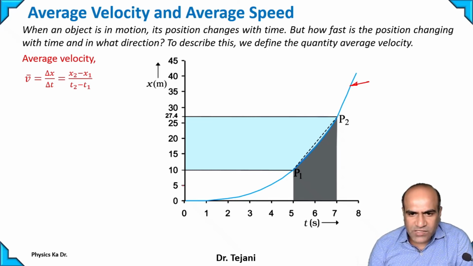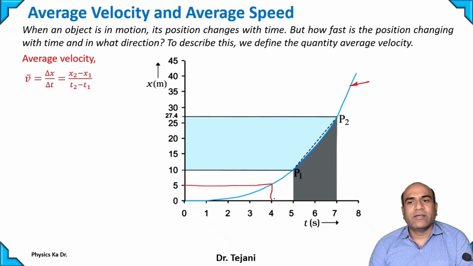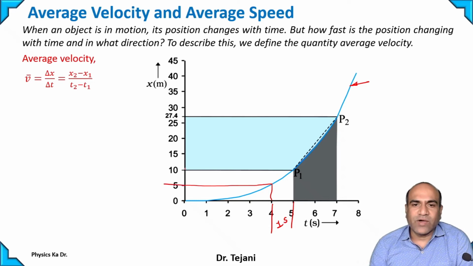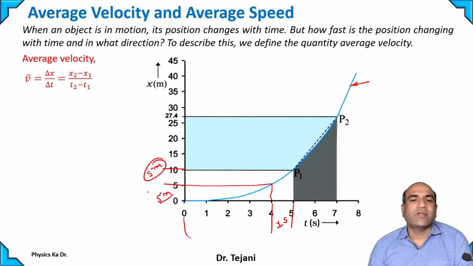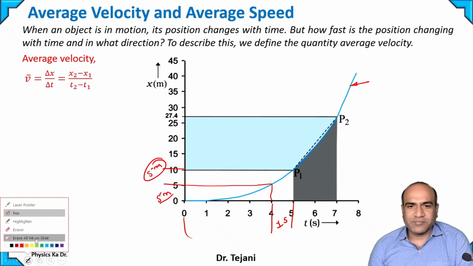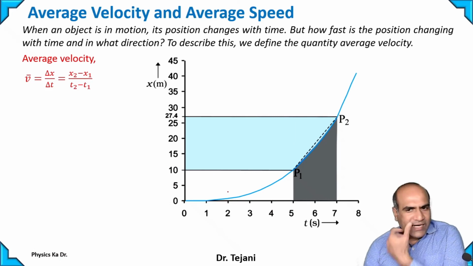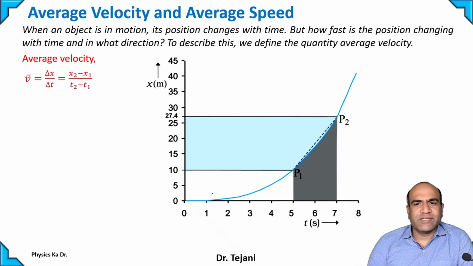It travels 5 meters in 4 seconds. But from 4 to 5, it is taking 1 second to travel another 5 meters. So the first 5 meters take 4 seconds, but the next 5 meters take only 1 second. So from that we know that velocity is increasing.